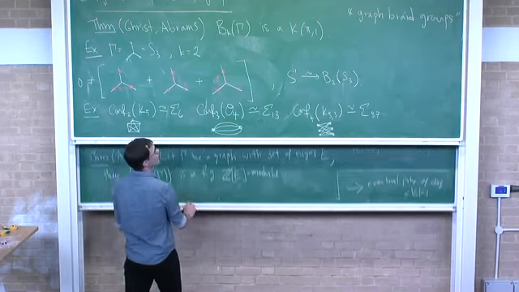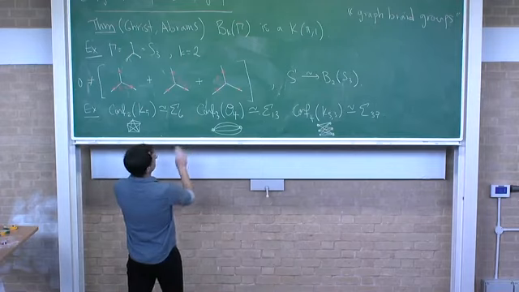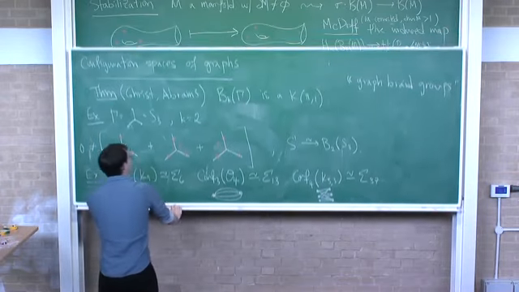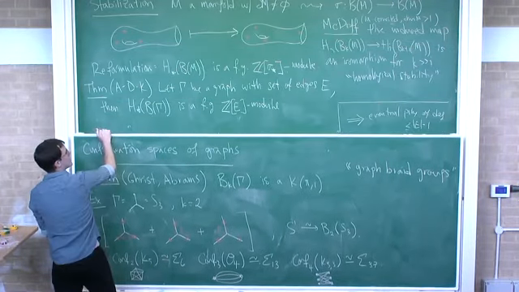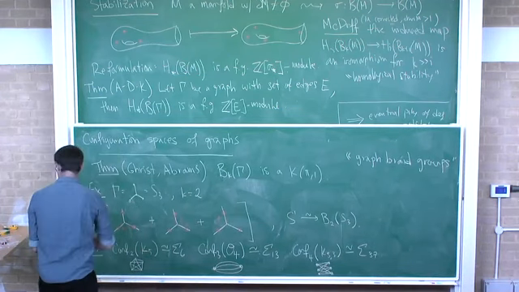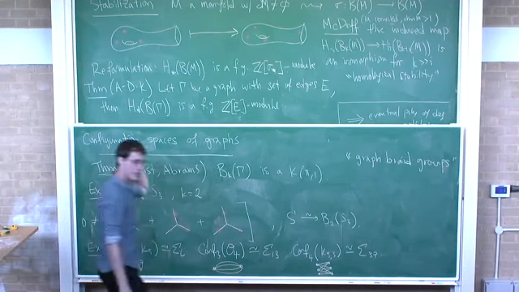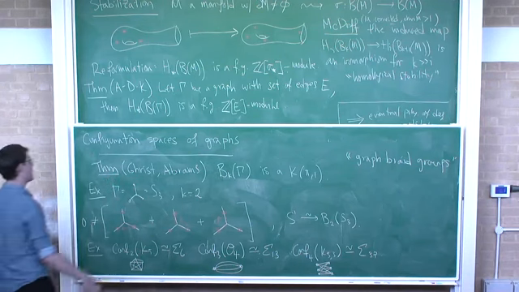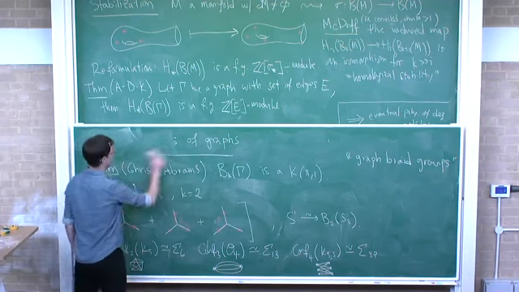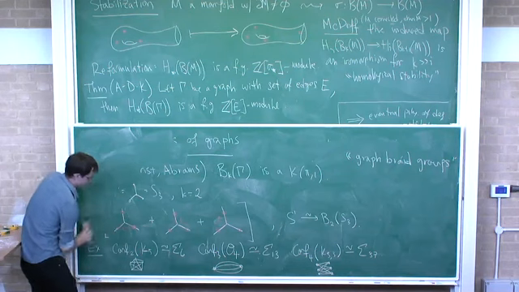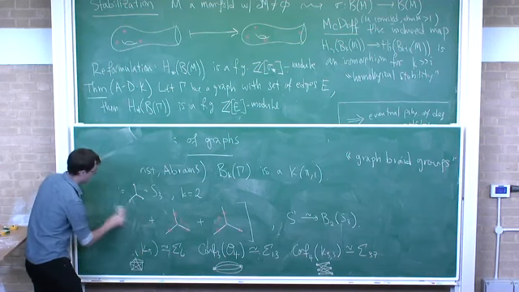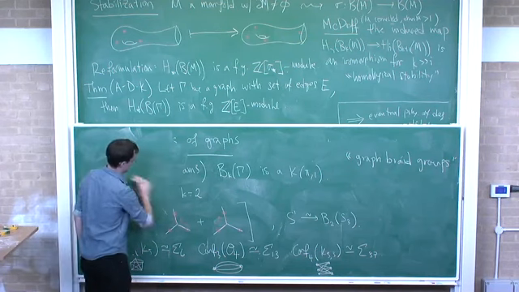Okay, so to address Stefan's question, if I want to have a polynomial ring generated by the edges, then I have to find some way to add a new point to an edge. If it's a dangling edge, that's no problem. We know how to do that.